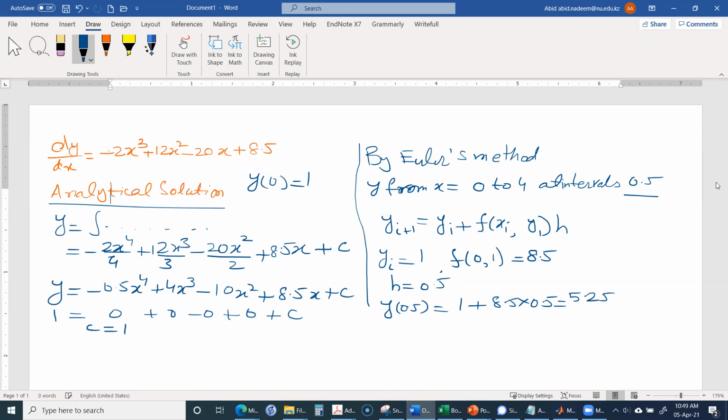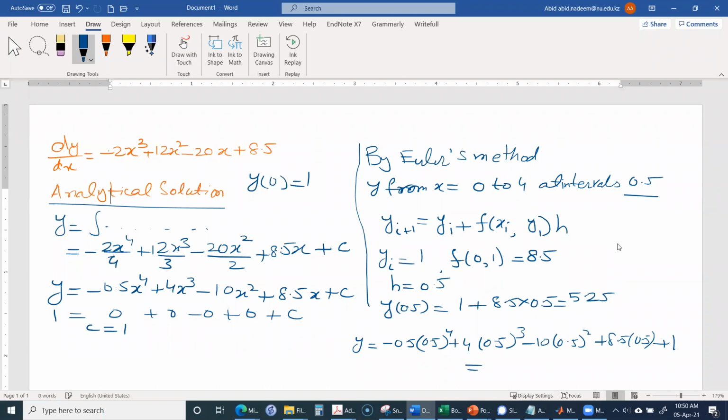5.25. Okay, 5.25. So in this case, the Euler's method gives us the value of 5.25, but the original value we can get from here. So which is equal to y equal to minus 0.5 into 0.5^4 plus 4 into 0.5^3 minus 10 into 0.5^2 plus 8.5 into 0.5 plus 1.